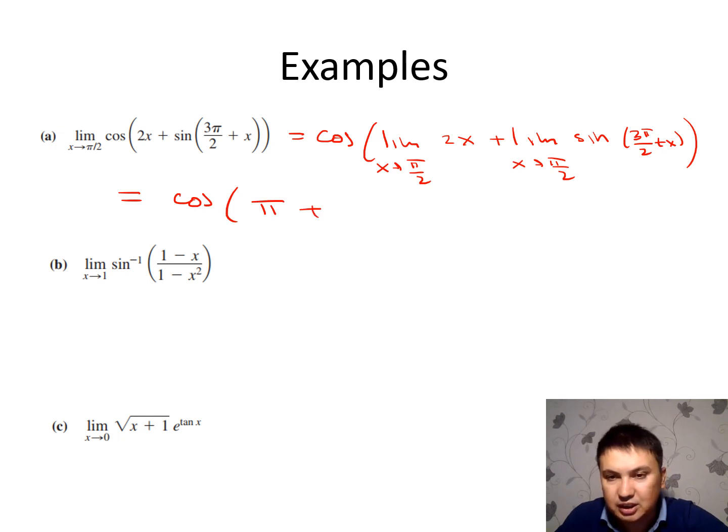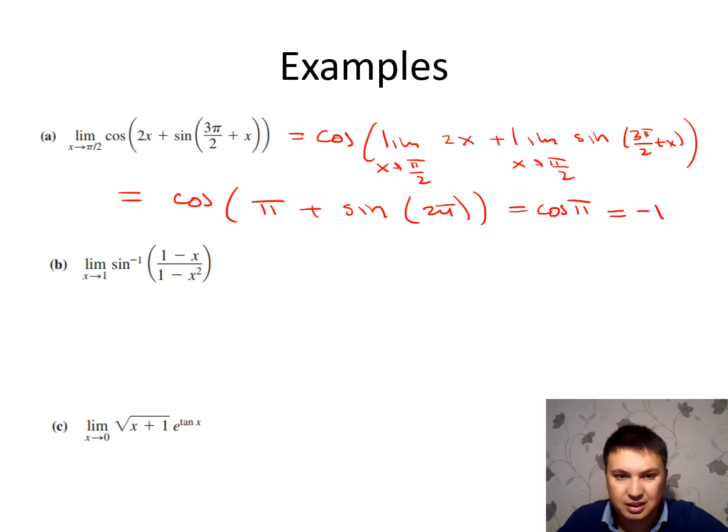Plus what happens here? The sine function is continuous, so I can place the limit inside again, so this becomes sine of, so you evaluate. In place of x, you replace by pi half, so this becomes 3 pi half plus pi half, which becomes 4 pi half, so this is 2 pi. But what is sine of 2 pi? It's like sine of 0, which is 0. So this is cosine of pi. And what is cosine of pi? I think it's -1.